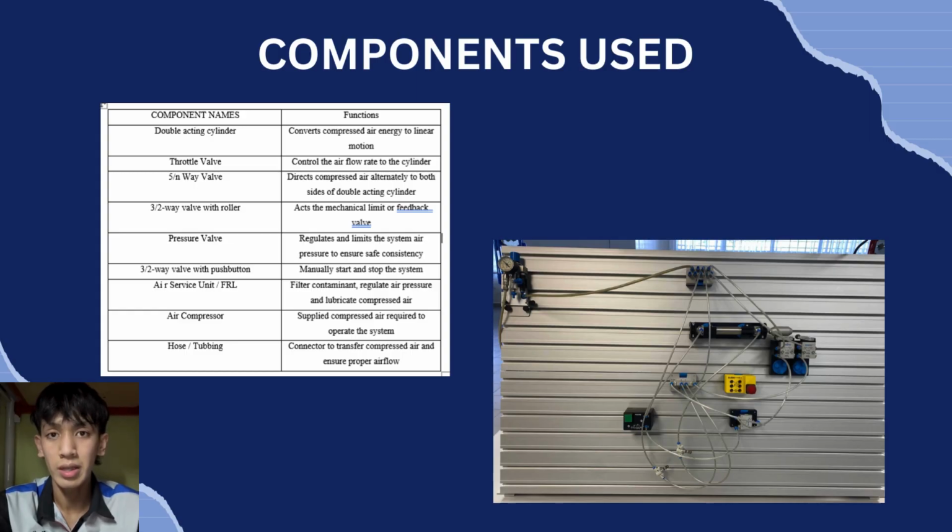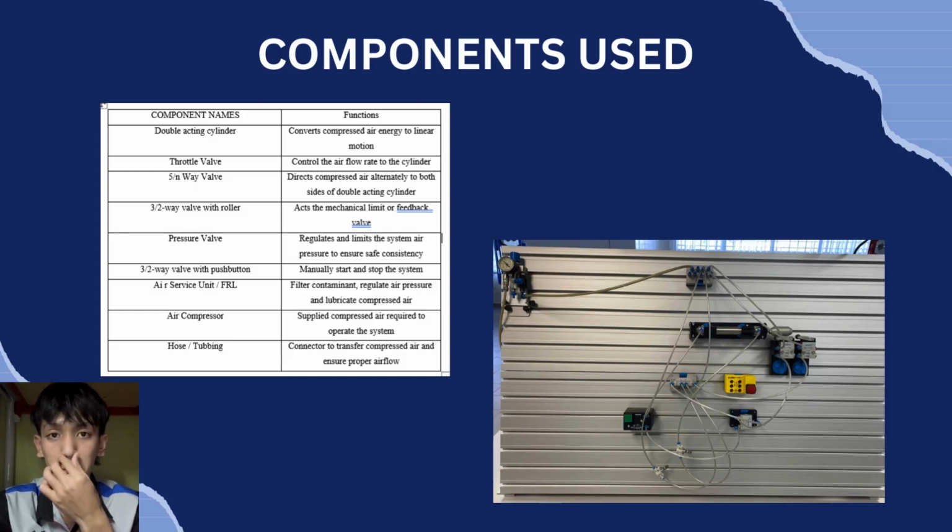The sensors, such as proximity sensors, are used to detect the position of the piston. The sensors help ensure accurate movement and control, and improve safety during operation. The control system manages the operation of the solenoid valve and sensors. It allows the machine to operate automatically and ensures safe and repeatable motion.